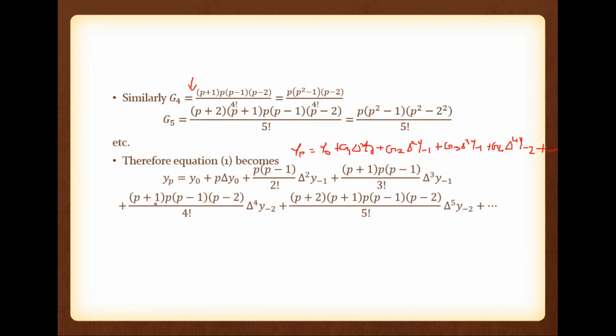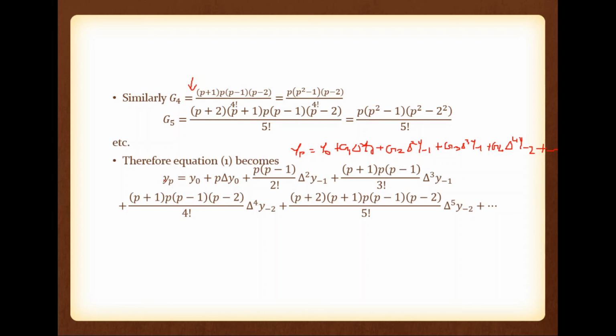P plus 1 into P minus 1 into P minus 2 divided by 4 factorial into delta raised to 4 y minus 2. What is the next term? P plus 2 into P plus 1 into P minus 1 into P minus 2 divided by 5 factorial into delta raised to 5 y minus 2. This is minus 2y. This is 0, this is 0. Then it is minus 1, then minus 2, then minus 3, like that way it will go. So this is our extrapolation equation.